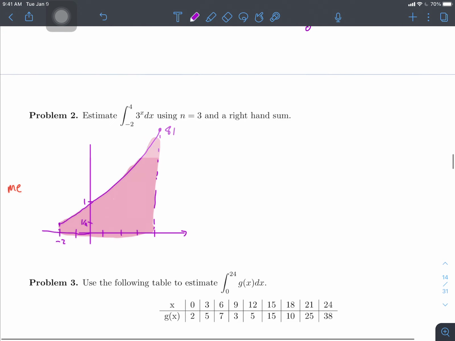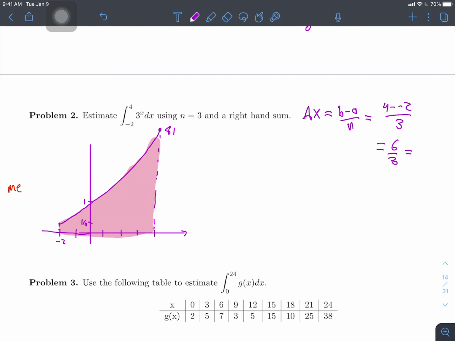That is given by the same formula that we've been using: delta x is b minus a over n. Our b is 4, so that's 4 minus -2, and we divide by 3. That's 6 over 3, which is 2. So we know the width of each rectangle is going to be 2.